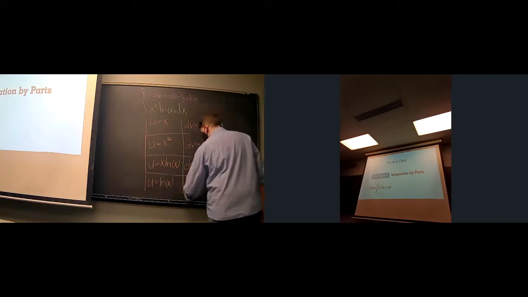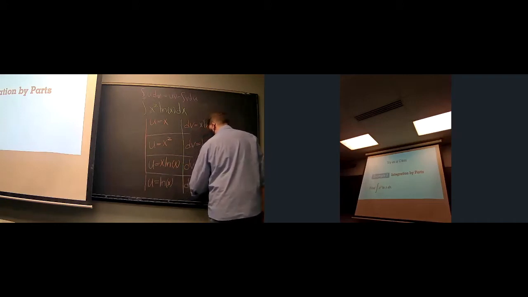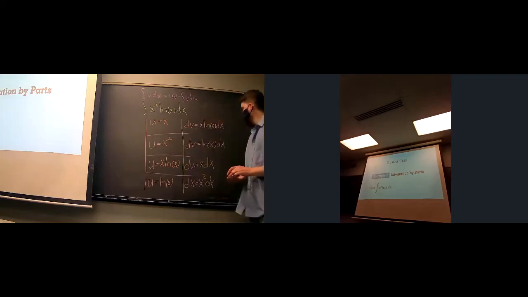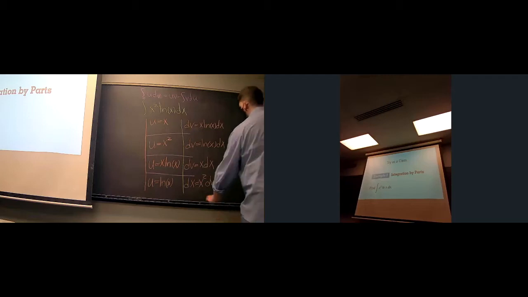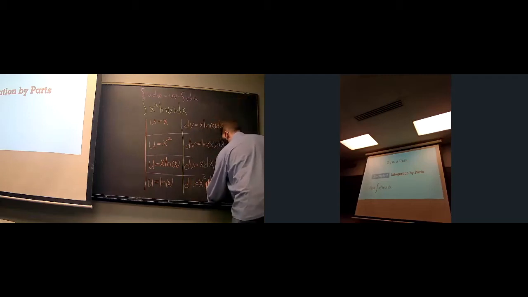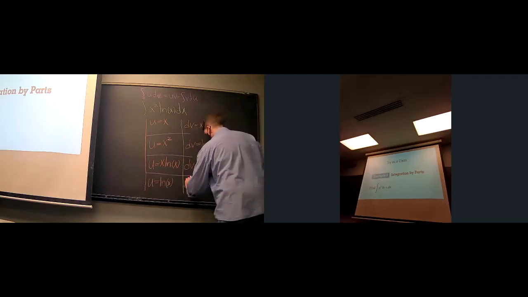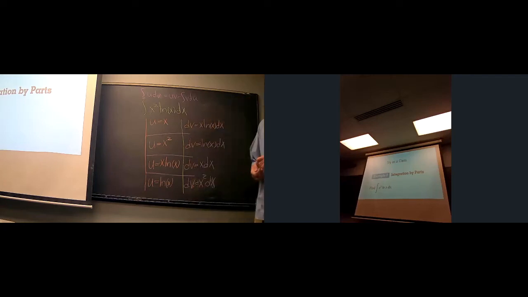Here, dv would have to be x squared dx. That's supposed to be a dv at the bottom. Yes, sorry. dv is equal to x squared dx.